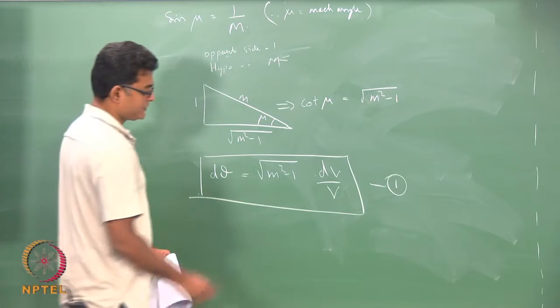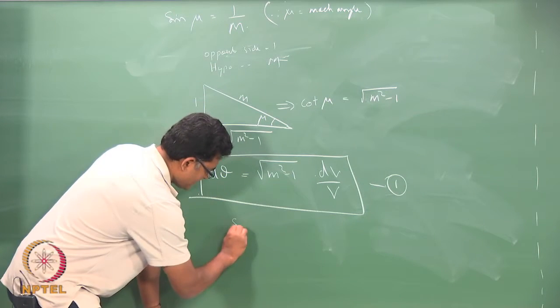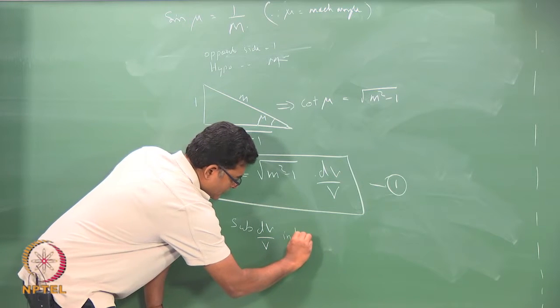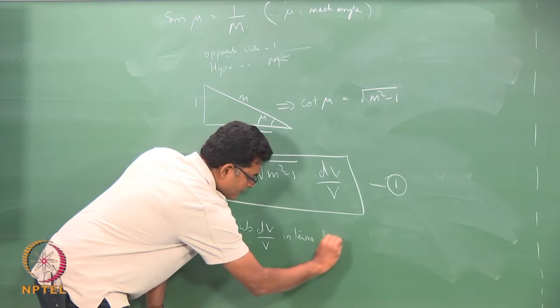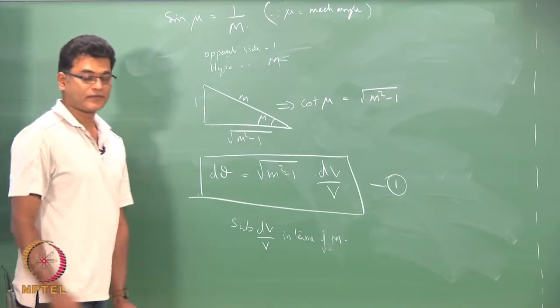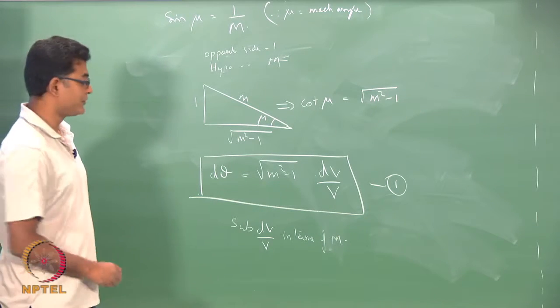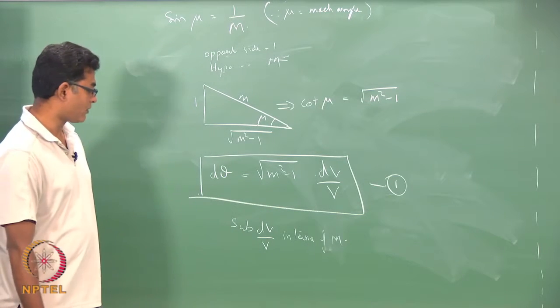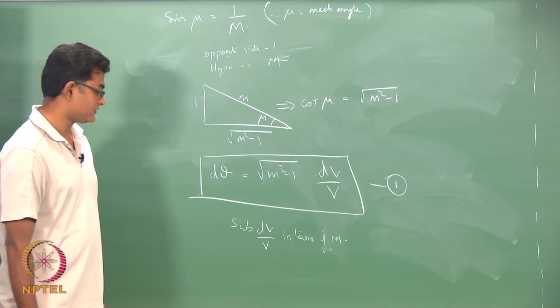Now, I am going to substitute dv by v in terms of Mach number. That is all I am going to do. If I do that, I get the so-called Prandtl-Meyer function.